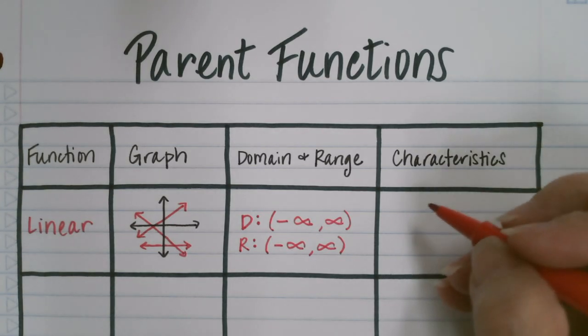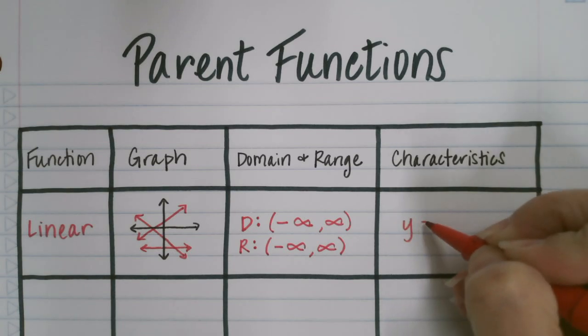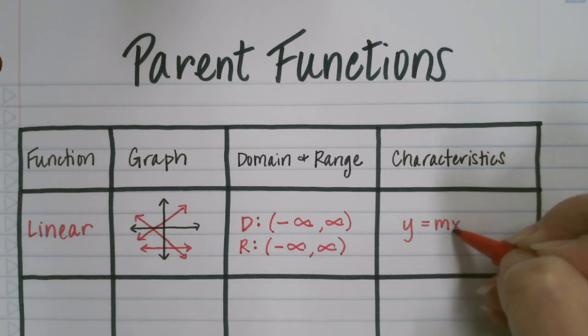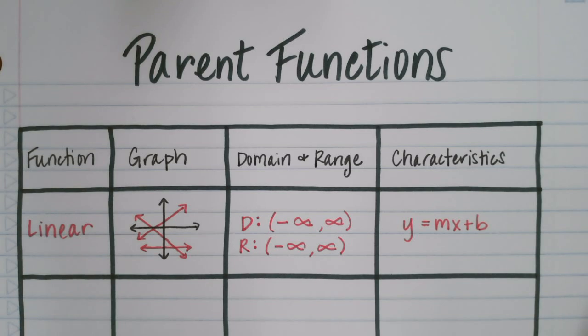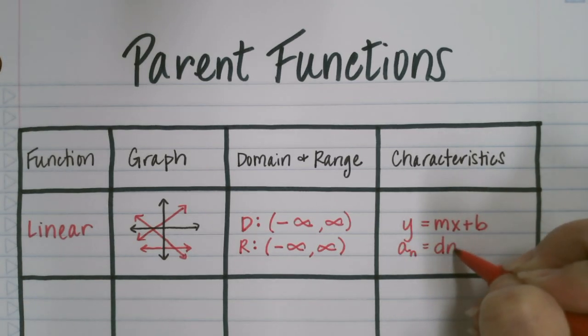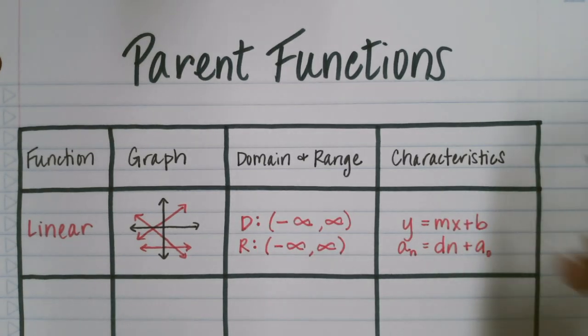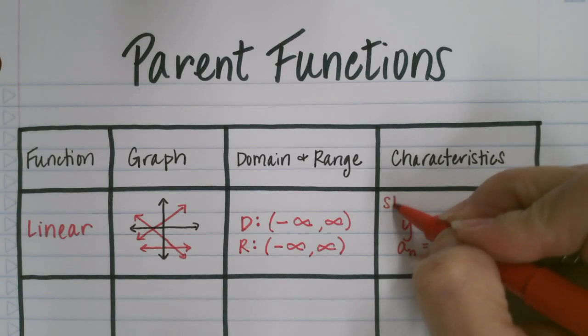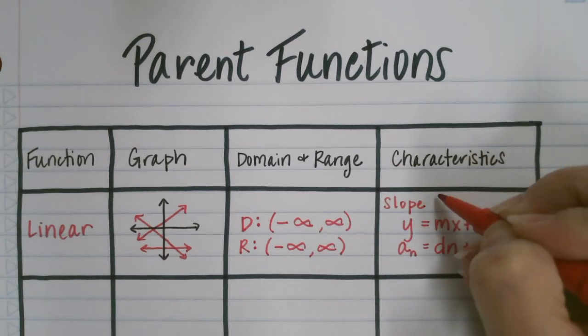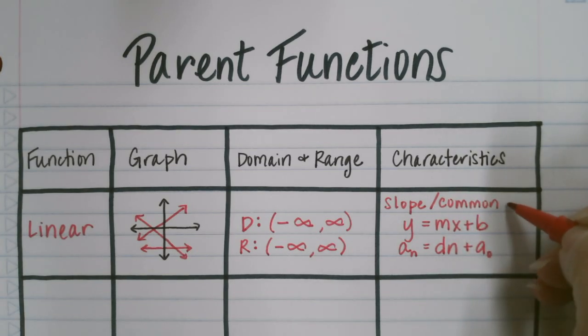So for characteristics, I think it's important to mention that this follows the equation y equals mx plus b. We have also talked about arithmetic sequences. So our arithmetic sequence follows the same form. This one involves slope, which we also know is a common difference.